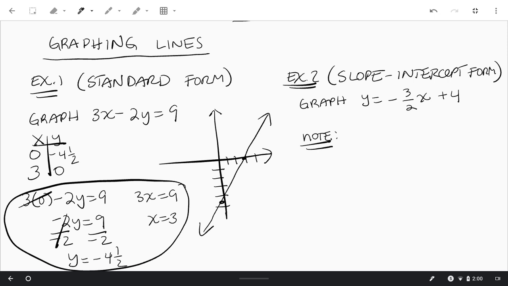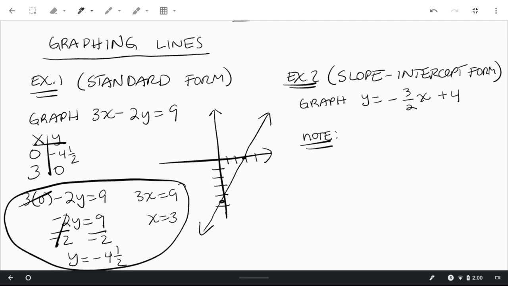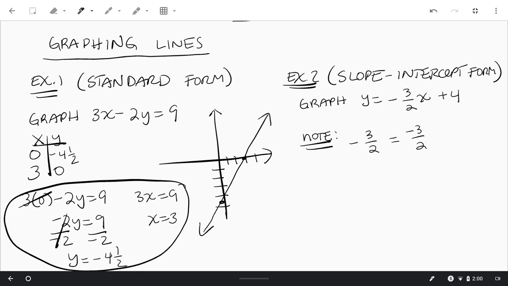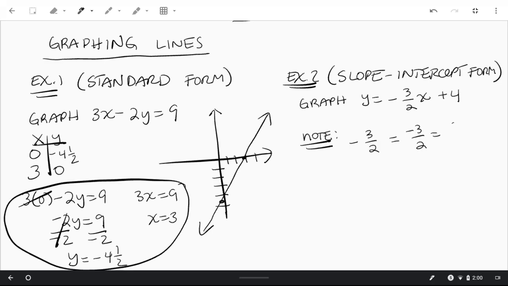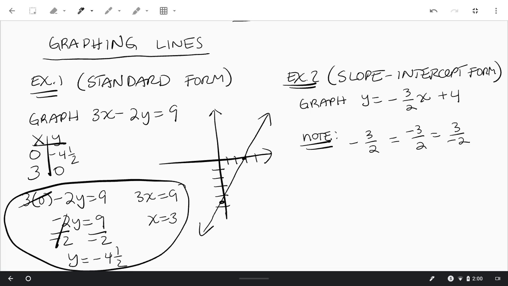Whether you have the negative dead center or in the numerator or down below, they all mean the same thing. It means we're talking about -1.5, not +1.5. They all mean that this fraction is a negative fraction.